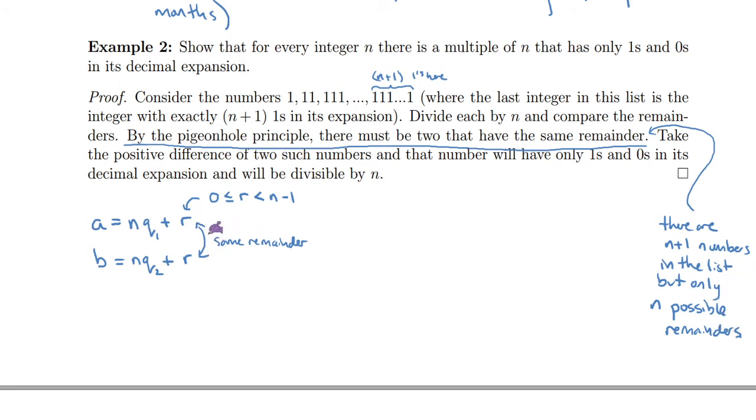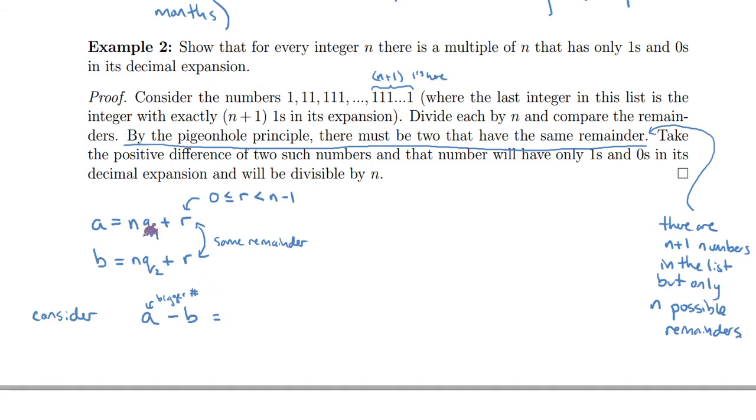Now what can we do with this? Take the positive difference of the two. Consider a minus b, and let's say that a is the bigger one. One of them is going to be the bigger number, so if I take the bigger number and subtract the smaller number, I'll have a positive number.